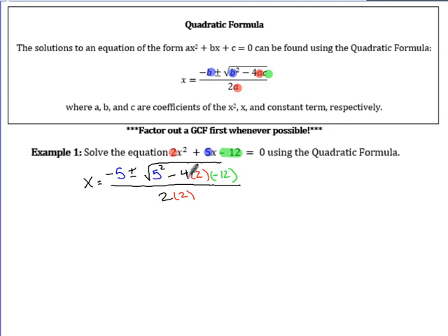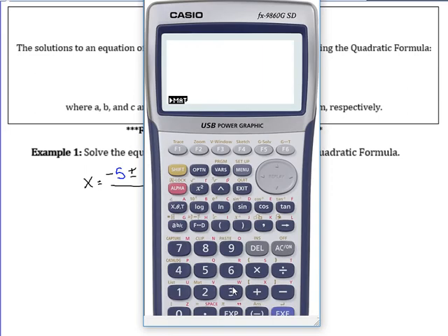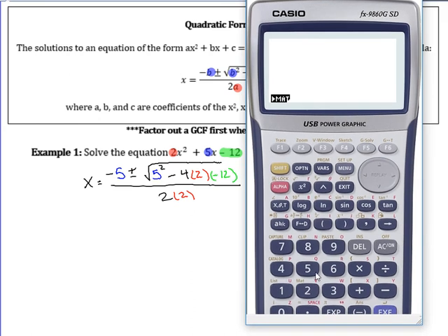Because what happens is people end up messing up these negatives, so just put the whole thing in there all at one time. So on my calculator, I'm going to put 5 squared minus 4 times 2 times negative 12. Alright, and I get 121 there.